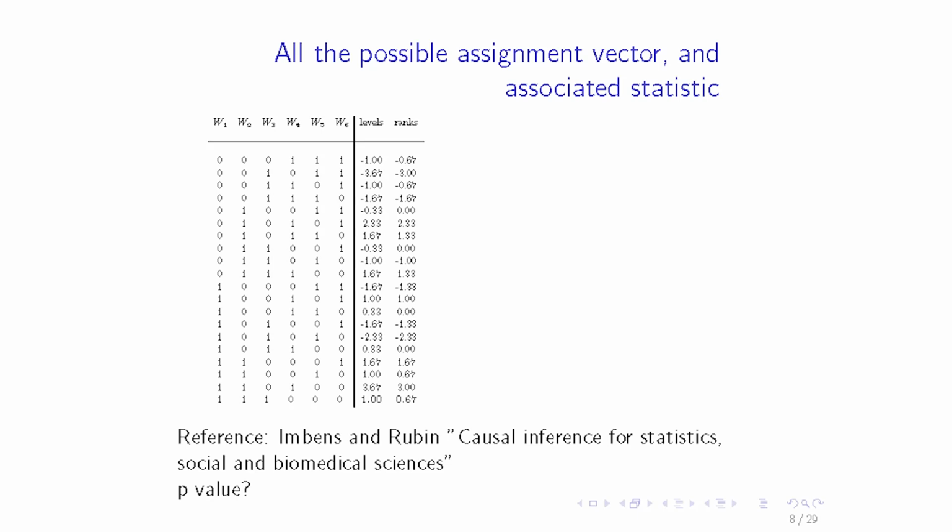So we already know that the difference in cough severity is 1. And then we can do the same thing. Imagine that the first 3 units are not treated, and the next 3 are treated. Then the difference would be -1. Then we can do 0, 0, 1, 0, 1, 1.